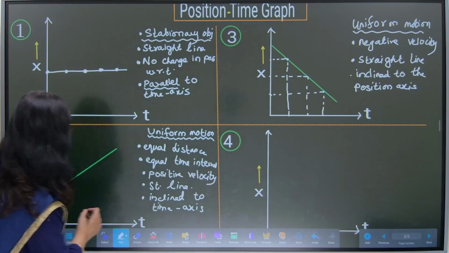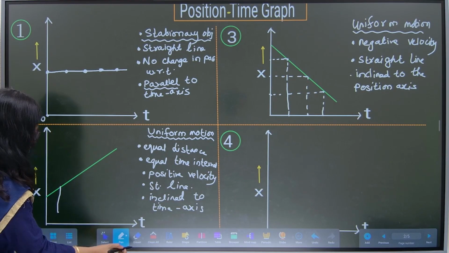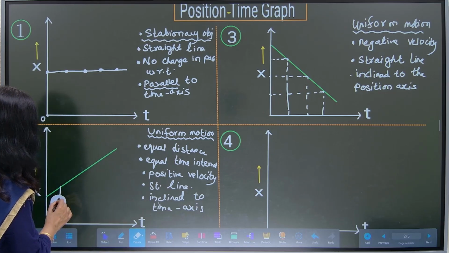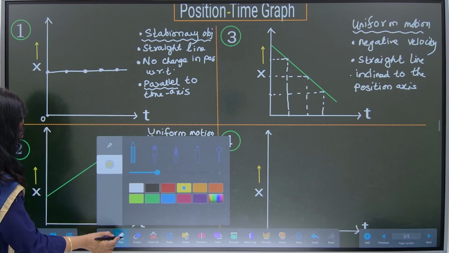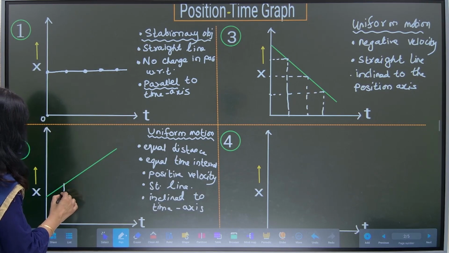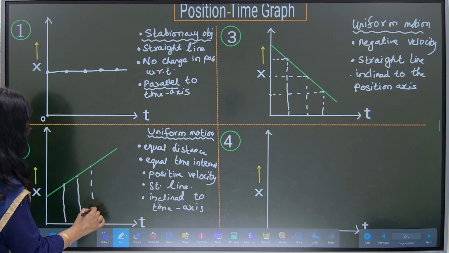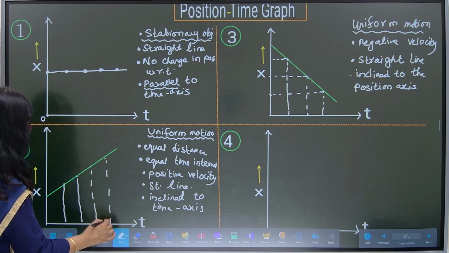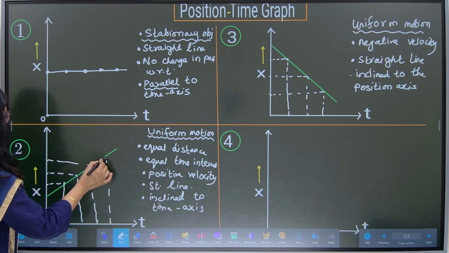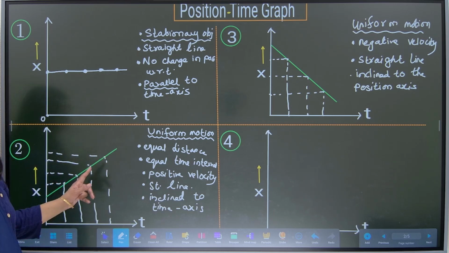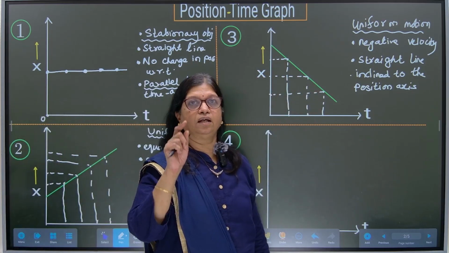In the positive case, as the time is passing, the position of the body is increasing its value. Correct? See? Fine. That's why this is a positive velocity, this is a negative velocity.